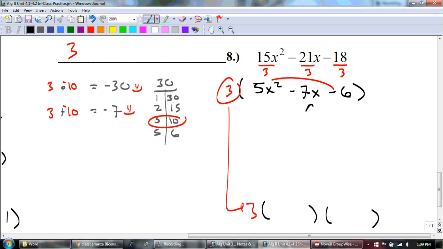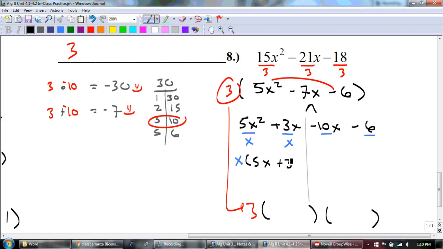So we're going to split that middle term. We get 5x squared plus 3x minus 10x minus 6. And then go ahead. The GCF of the first group is just an x, so 5x plus 3.